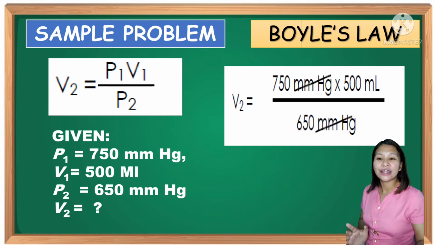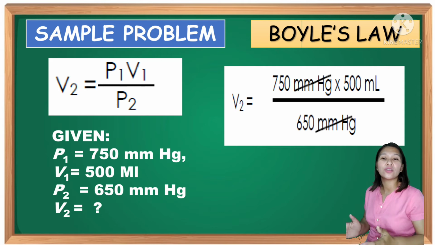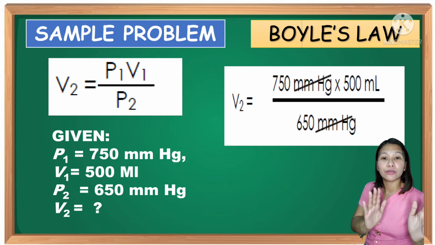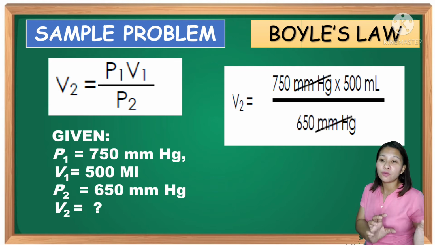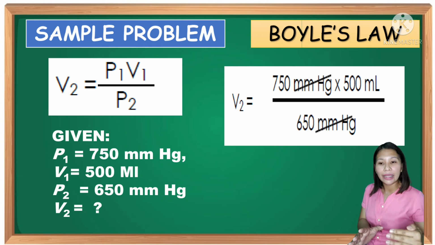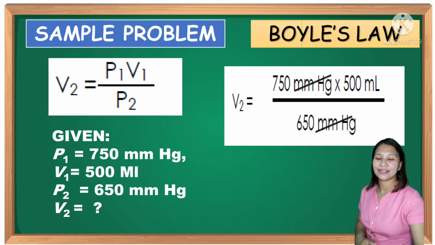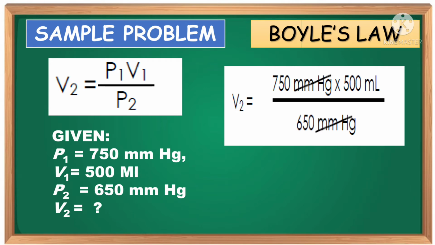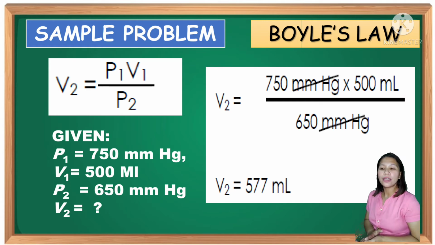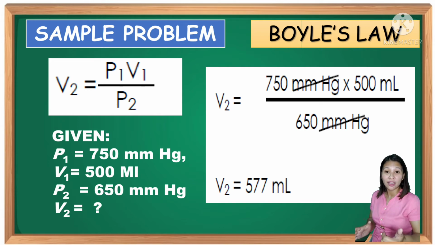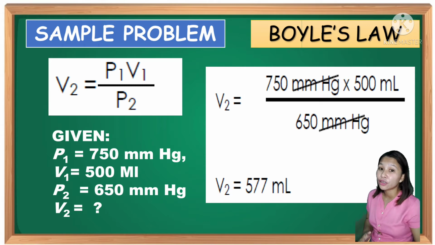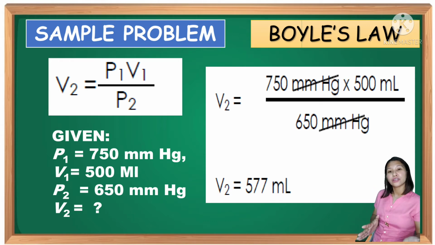Then we have V sub 2 is equal to 750 millimeter mercury times 500 ml, which is the V sub 1, divided by 650 millimeter mercury, which is the P sub 2. Now that we have substituted the values, let's cross out the same unit, which is the millimeter mercury.